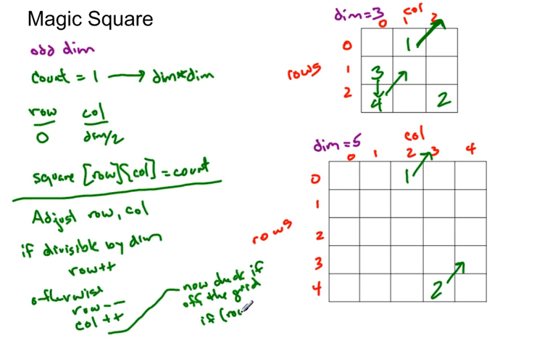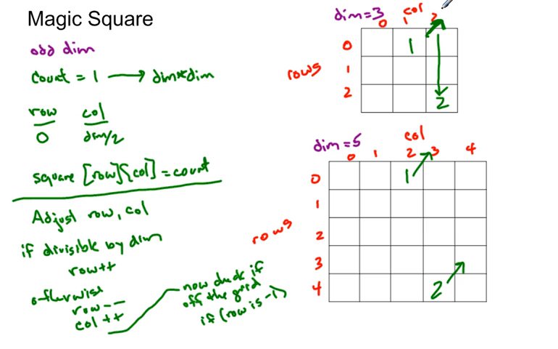If the row is -1, well, what do we do? I'm going to erase some of this here. So I'll start over here. So I have 1 right here. I go up here. I'm trying to place 2. I'm off the grid. I drop right down to the bottom. Now notice I did not change my column.